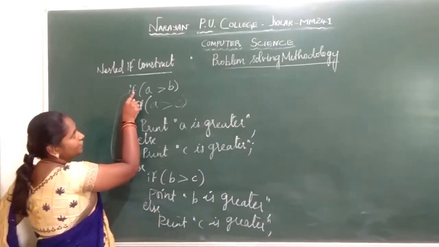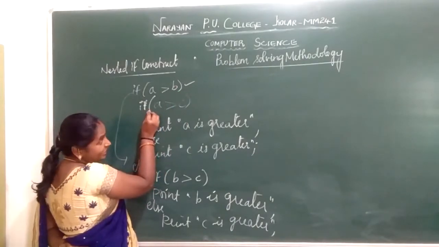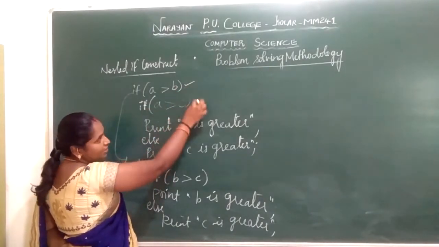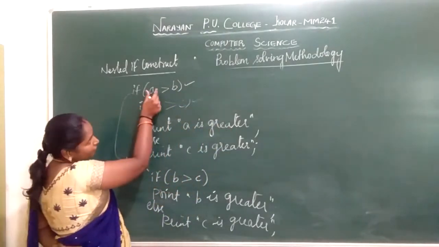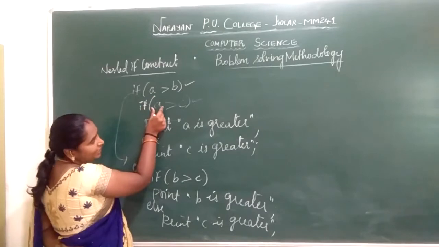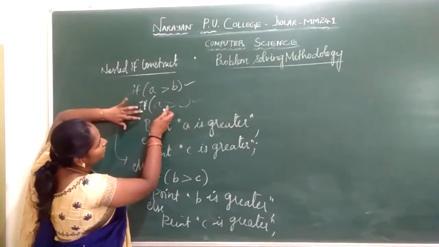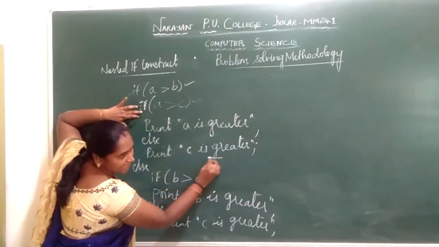If the first if statement is true, it goes and checks the nested if statement, that is A is greater than C. If both conditions are true, you are going to print A is greater. If my first condition is true but my second condition is not satisfied, then I am going to print C is greater.